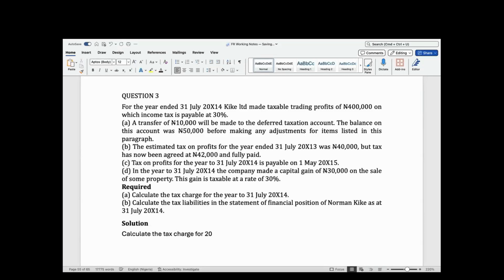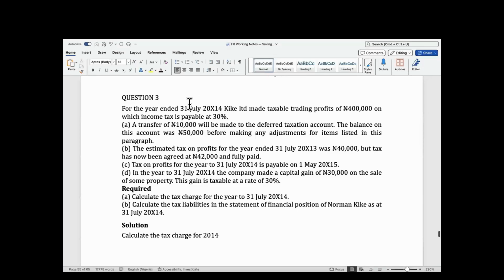Now, again, similar to what we have been doing. So this is 2014. Our taxable profit is this. Our income tax rate is 30%, and a transfer of 10,000 will be made to deferred tax accounts.